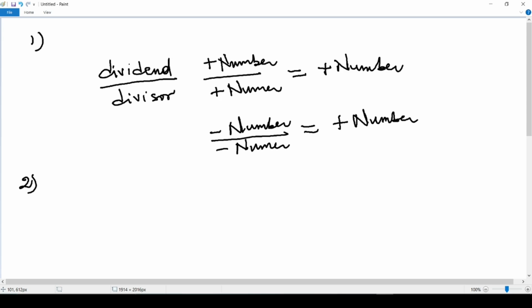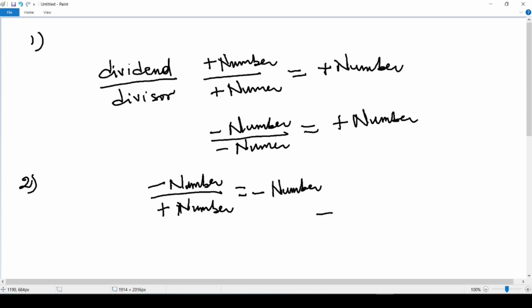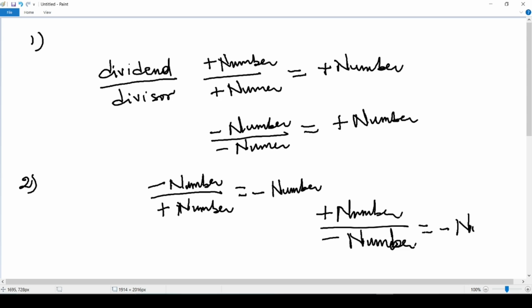So when we have a negative number over a positive number, the result is a negative number. Also, when we have a positive number over a negative number, the result is a negative number.